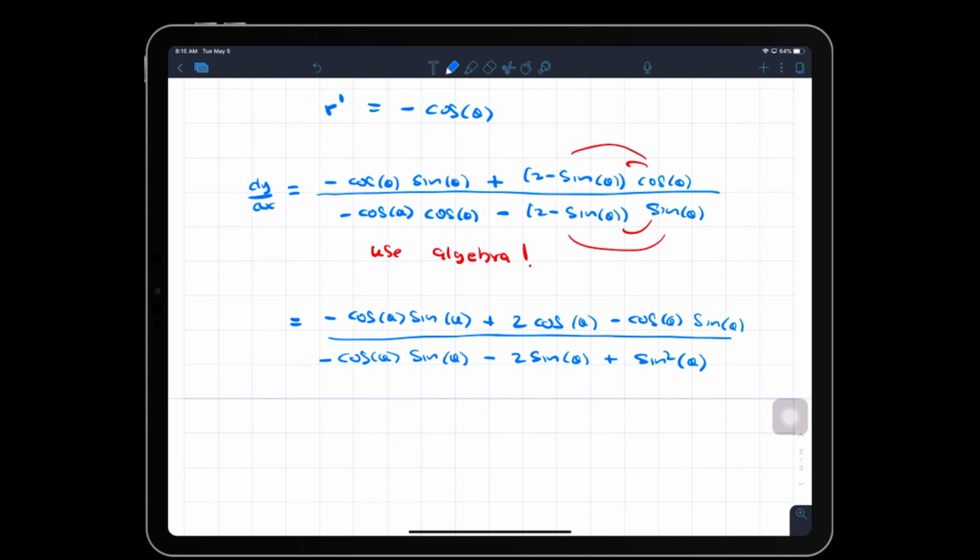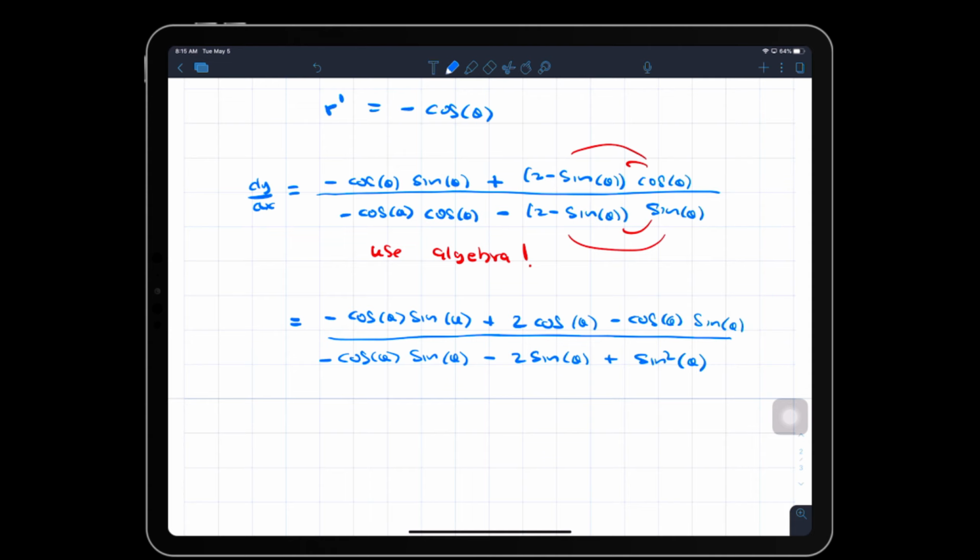So let's double check all this. We have 2 minus sine theta cosine theta plus sine theta minus cosine theta, 2 minus sine theta times a minus sine theta plus, okay, it looks like we're good.